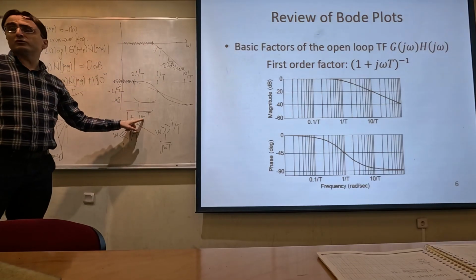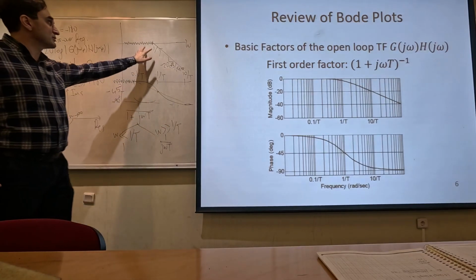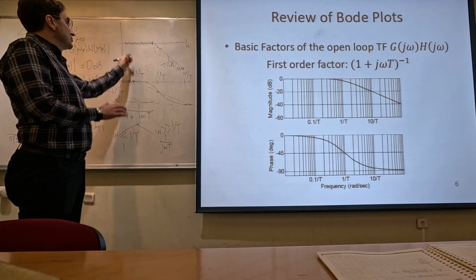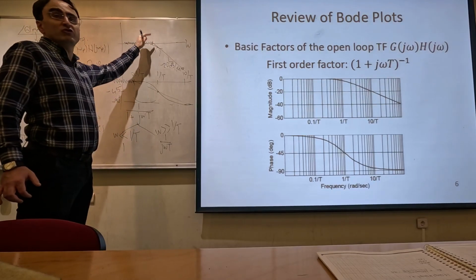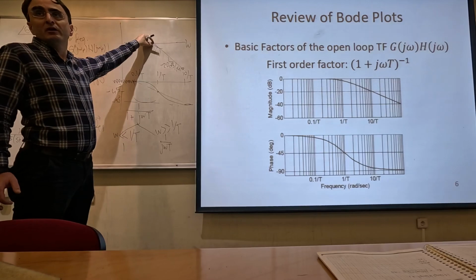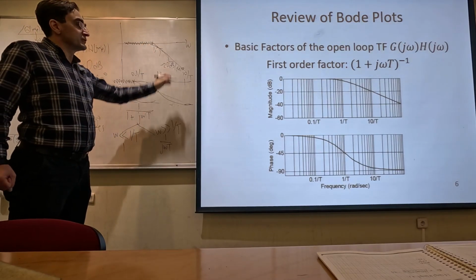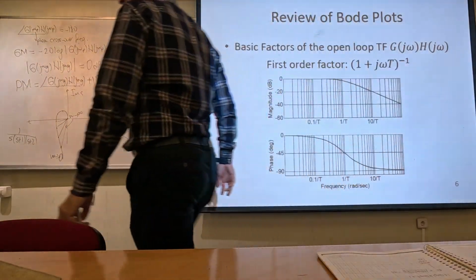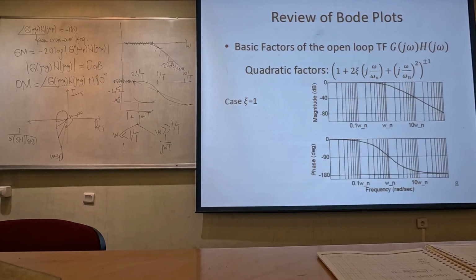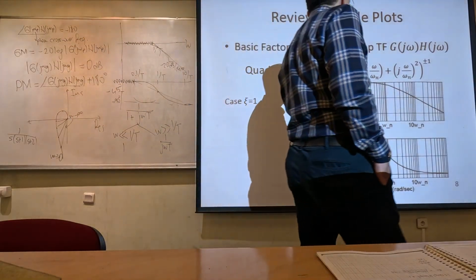When the magnitude of omega is comparable to 1 over t, we're actually going to have some differences. For example, for the actual Bode plot, there will be a shift here, like 3 dB. So at this frequency, this is just going to be the difference between the actual Bode plot and an asymptotic one. So when you consider second order factors, the differences would be actually increasing a little bit.